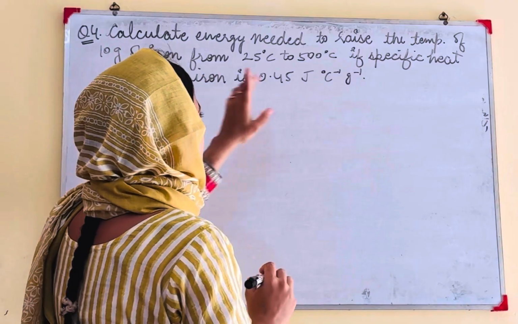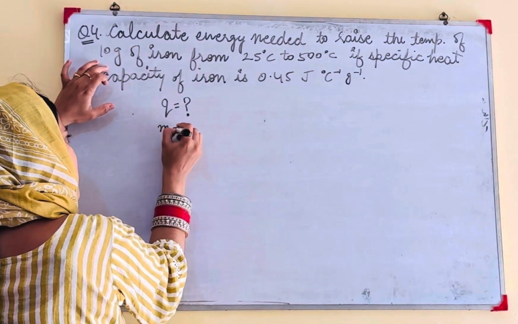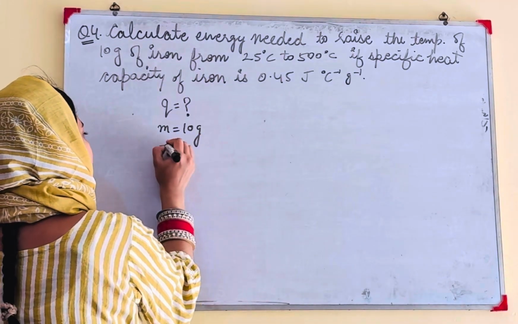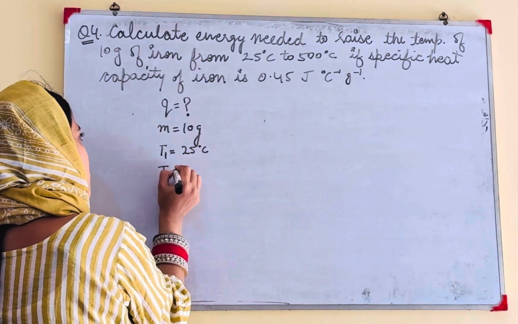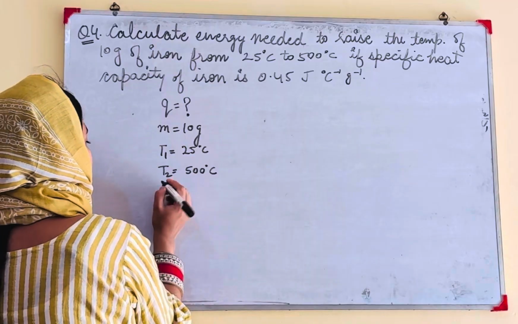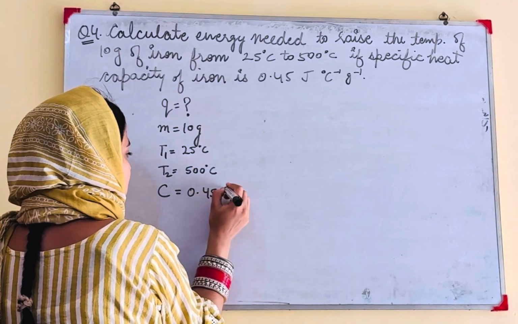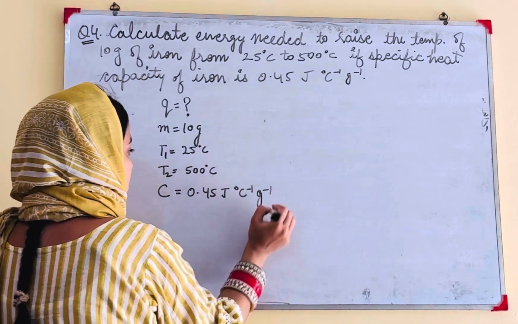To raise the temperature of 10 gram of iron, mass is 10 gram, from 25 degrees Celsius, T1 is equal to 25 degrees Celsius and T2 is equal to 500 degrees Celsius, having the specific heat capacity 0.45 joule per degree Celsius per gram.